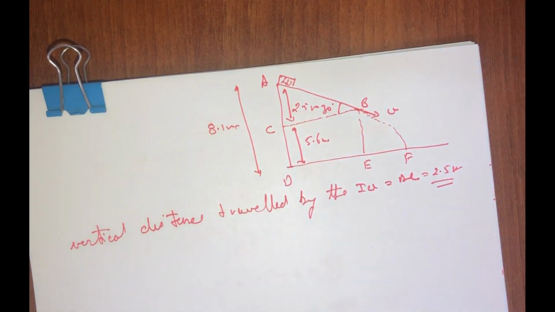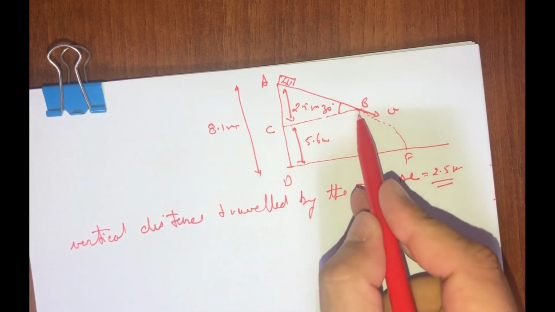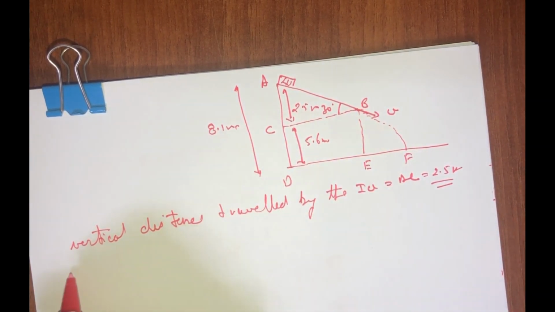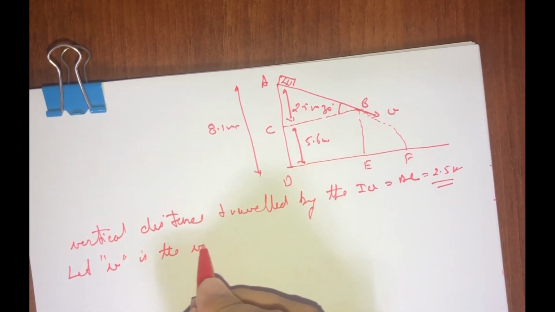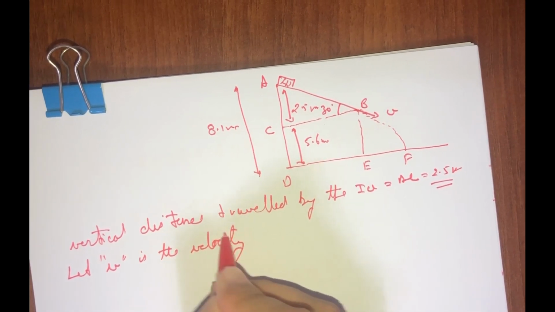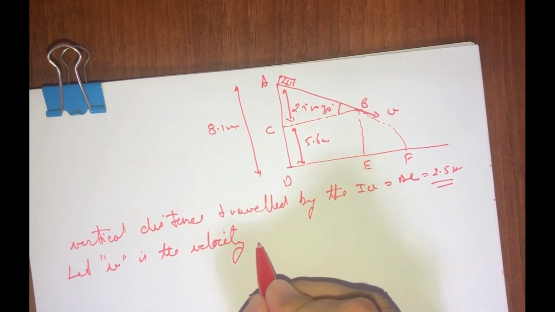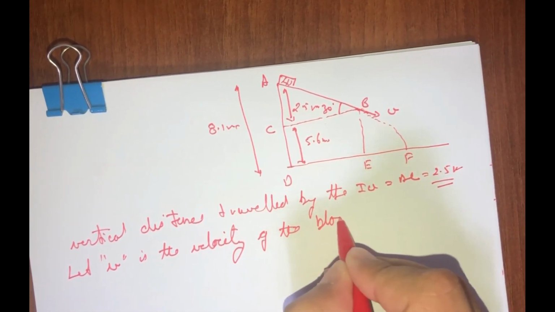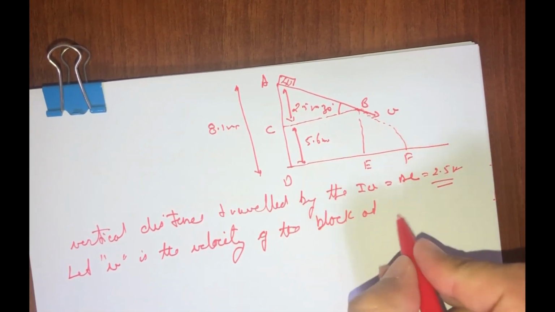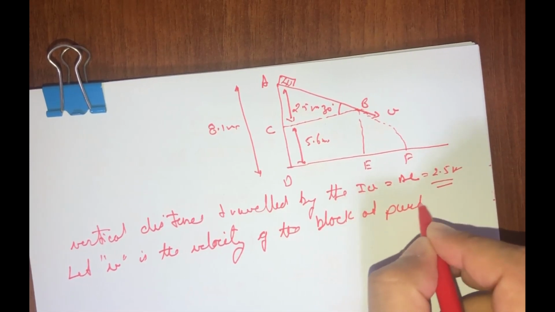Now let us suppose that V is the velocity of the block at point B.